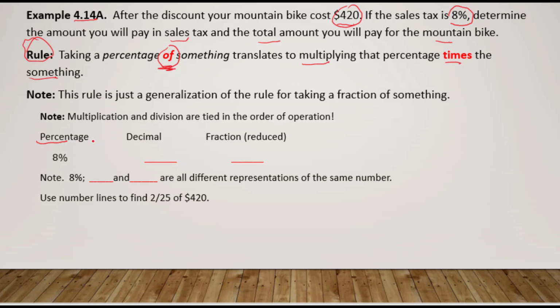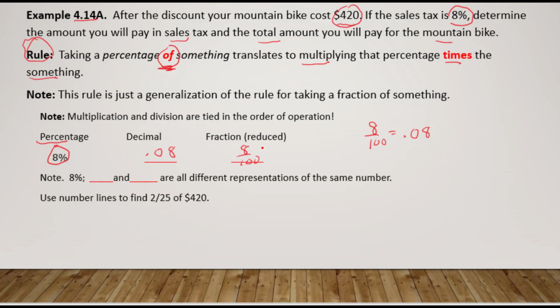All right. First of all, as a percentage, that's how we write it, 8%. As a decimal, 8 over 100. You can put that in your calculator, but you should know that that's just an 8 in the hundredth place, 0.08. And as a fraction reduced, you have 8 over 100.